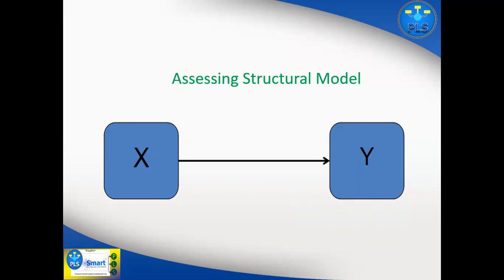We want to know whether what we propose as our hypothesis is accepted or rejected, is supported or is not supported, is significant or not significant. This is what we are going to do now. And this is called assessing structural model.